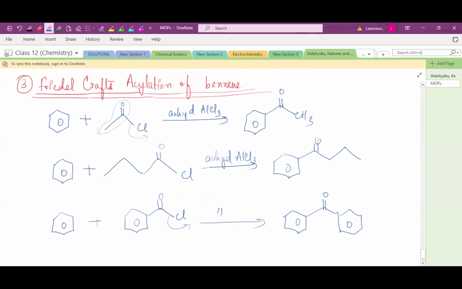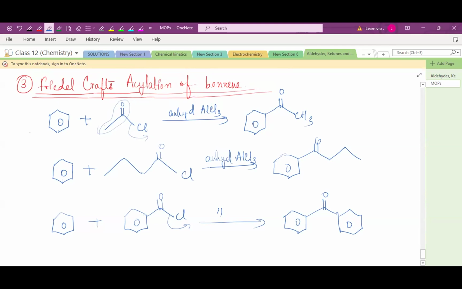So see, we have started with the Friedel-Crafts acylation of benzene. Okay, so Friedel-Crafts acylation is a reaction in which the benzene undergoes acylation reaction in the presence of anhydrous AlCl3. And we use acyl chloride, RCOCl. So what we are supposed to do, this chlorine group will be removed, and you have to attach this RCO group to this benzene.